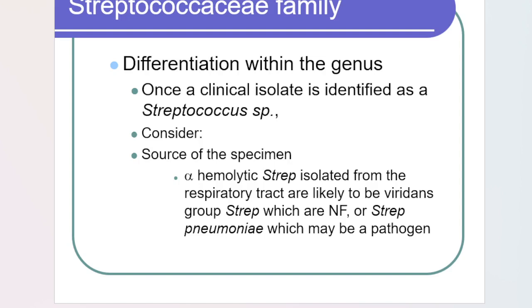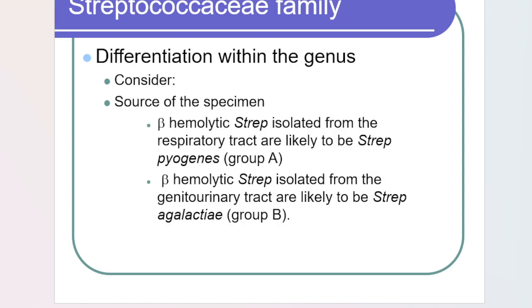Okay? So, pag alpha hemolytic from respiratory tract specimens, pagpipilian mo dyan are viridans or Streptococcus pneumoniae. Okay? Kung alpha, kasi viridans are alpha hemolytic, Streptococcus pneumoniae are also alpha hemolytic. Okay? Another thing to consider, so first, that is yung source of specimen.